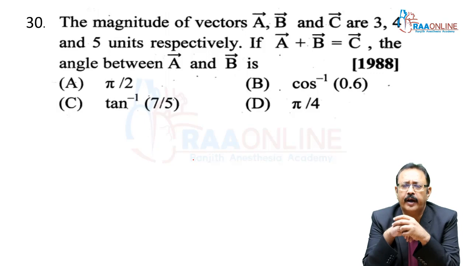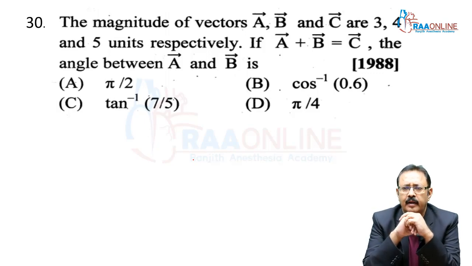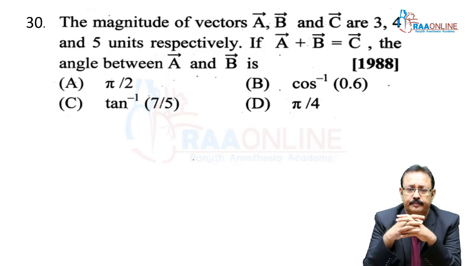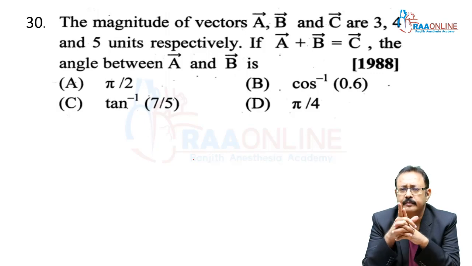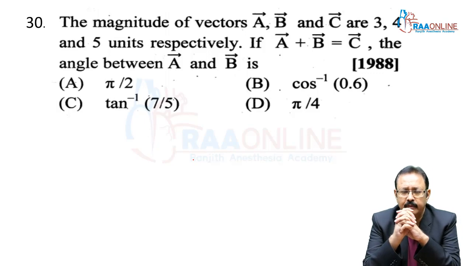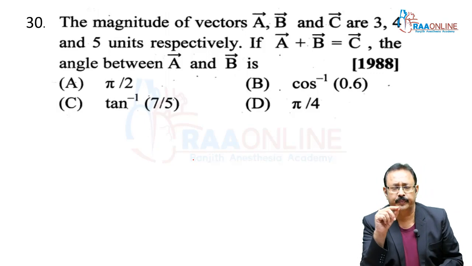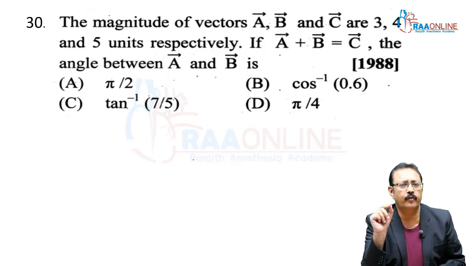Next, the magnitudes of vectors A, B and C are 3, 4 and 5 units respectively. If A plus B is equal to C, the angle between A and B is? What they are saying is A plus B is equal to C. You can go in two ways. One is this: 3, 4 and 5 are a Pythagorean triplet, and you know the addition rule of vectors.